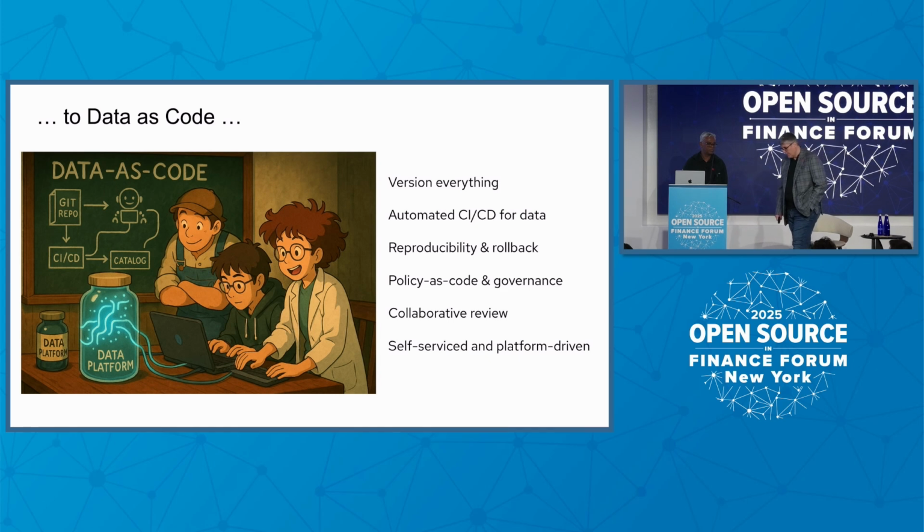And part of the reason why that is happening is because we need to apply the same principles that apply to code. We need to engineer these data products in many ways in the same way as we engineer our software. So what we're talking about today is really two concepts: data as code and a data platform on which data as code runs, everything backed by open source.